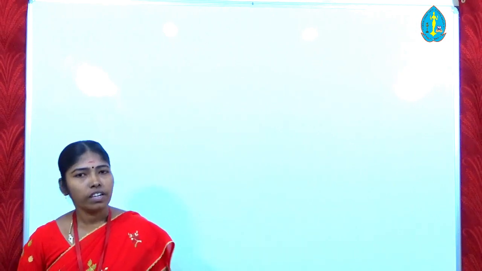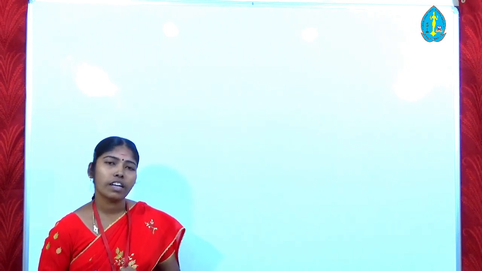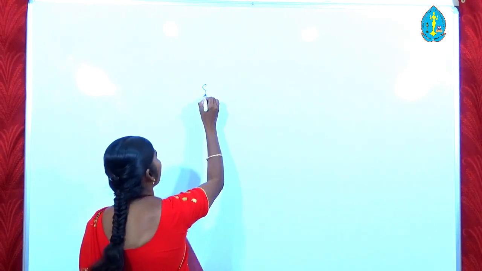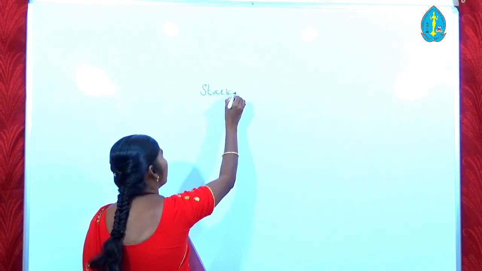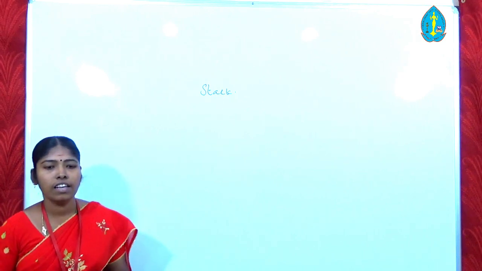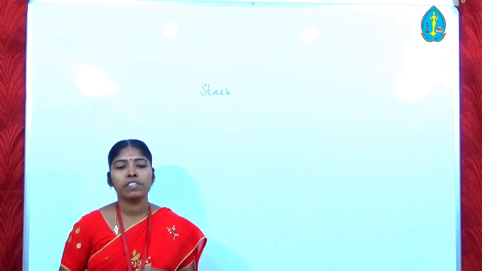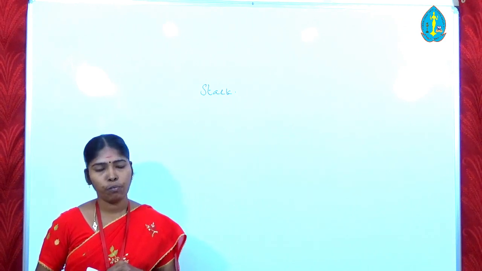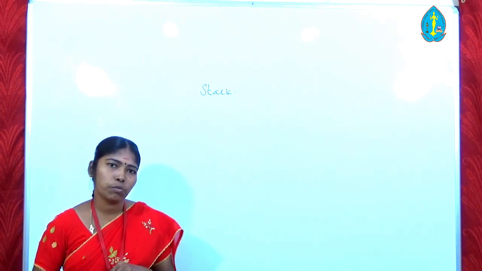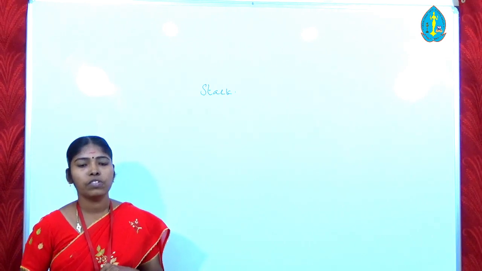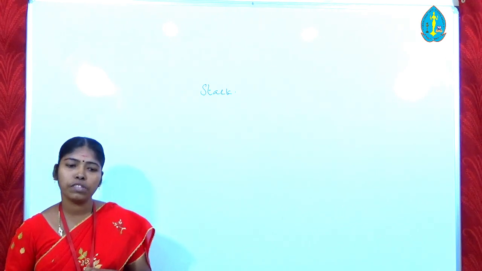Now we discuss the topic of stack. A stack is a very common data structure used in programs, with a lot of potential for gathering information and storing data. A stack holds items, usually all of the same data type.